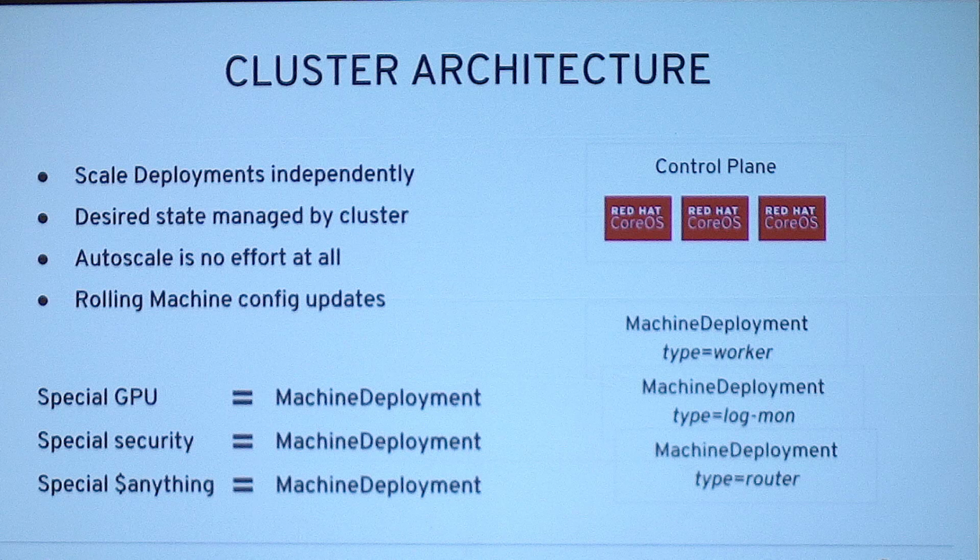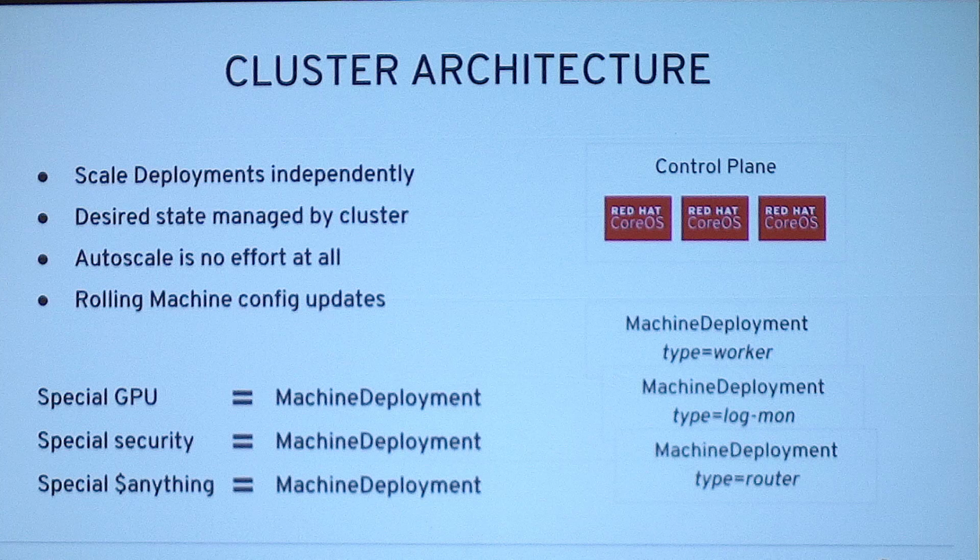I kind of showed you guys the worker, the logging, monitoring, routing, but you could also create machine deployments for special GPU. Say you want to run some type of AI or machine learning, you could spin these up, and you could use taints and tolerations to actually move the correct workloads to the correct node type or machine deployment type. You could also set special security, special anything.